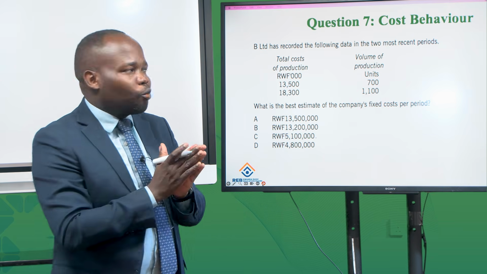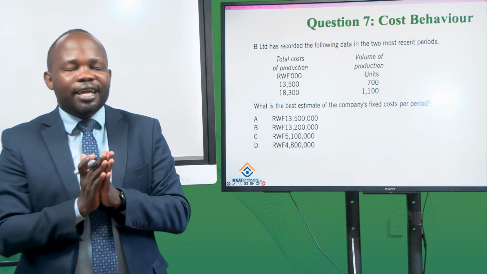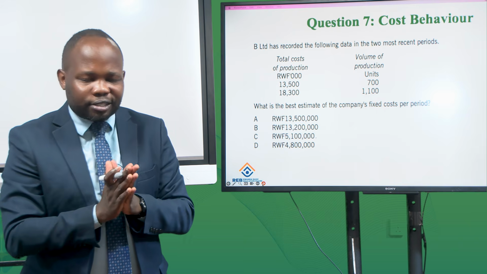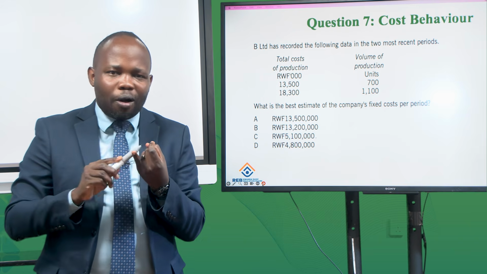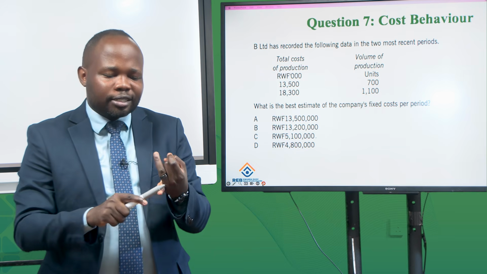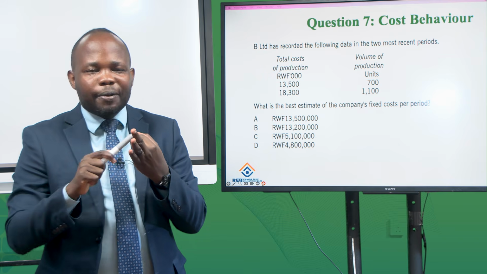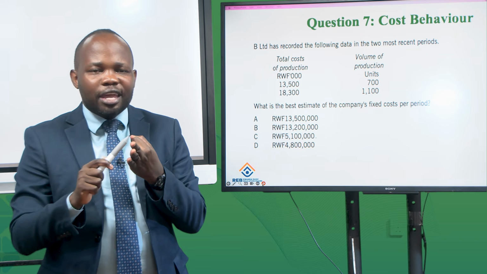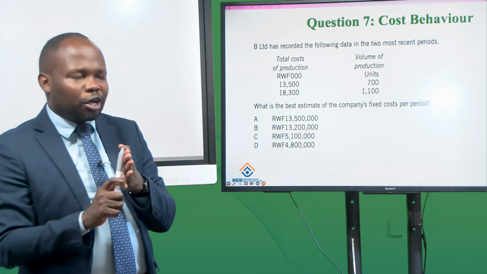If we recall what we covered under cost estimation, when you are estimating costs, there are 4 steps we follow. Step 1, you calculate the variable cost per unit. Step 2, you calculate the fixed cost. Step 3, you formulate the equation. And step 4, estimate the total cost.